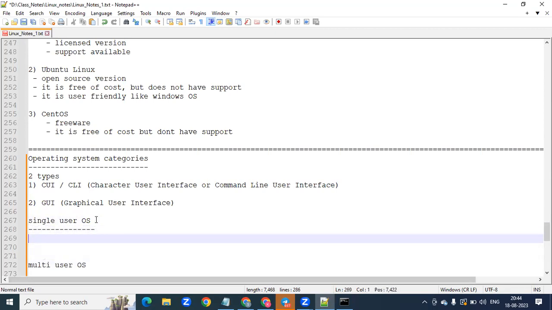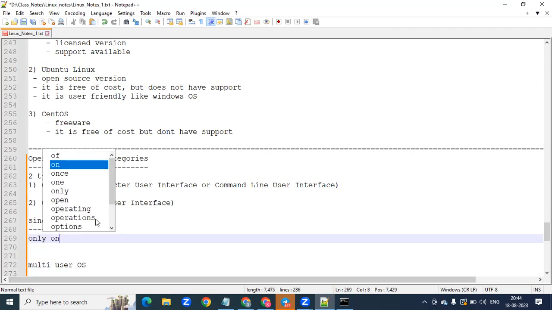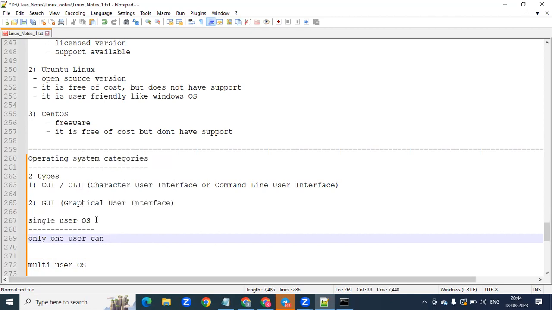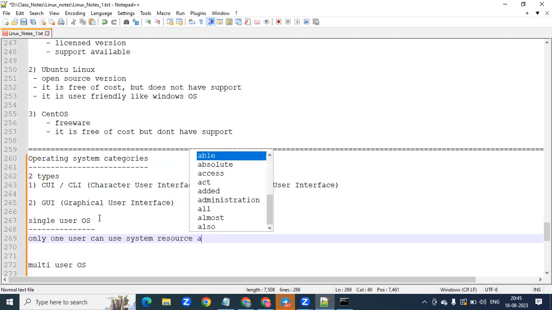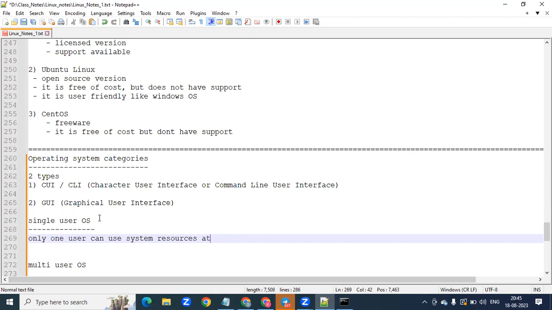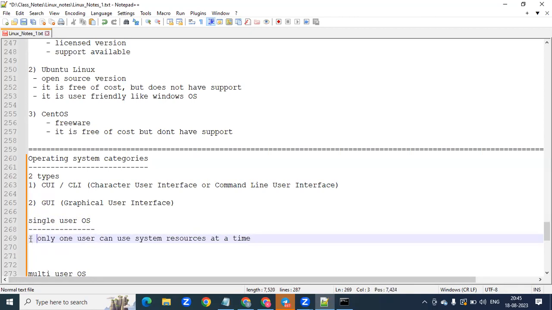Single user operating system: only one user can use system resources at a time. At a time, only one user will access the system resources.